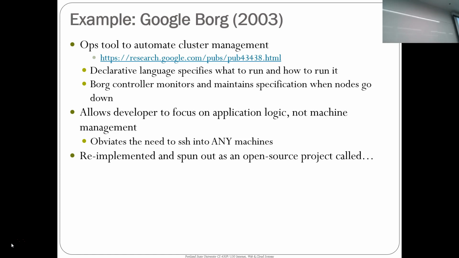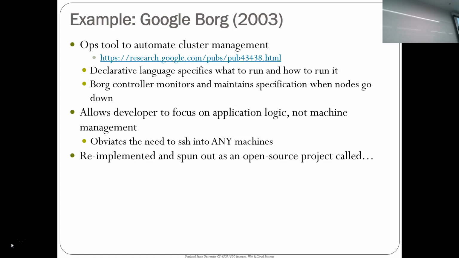Okay. One of the initial examples of this was in 2003. Google had this thing called the Borg. This was an ops tool to do exactly what I just mentioned. It had a declarative programming language to specify what it needed to run and how to run it. And then it had a controller piece that takes that specification and then monitors and maintains the infrastructure to meet that specification. What this does is that now the application developer doesn't have to worry about deploying machines, which is what you don't want.